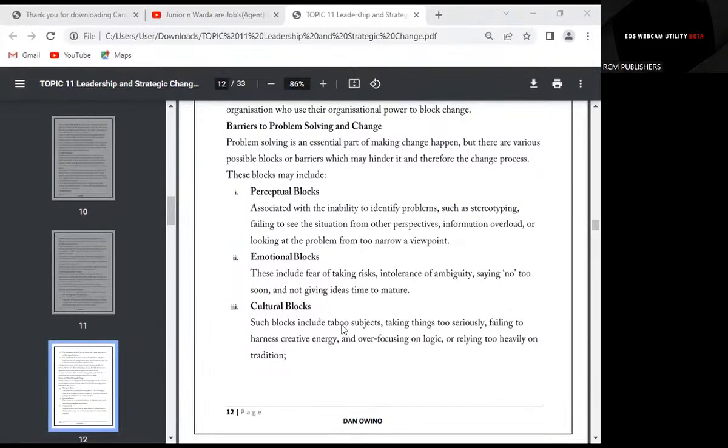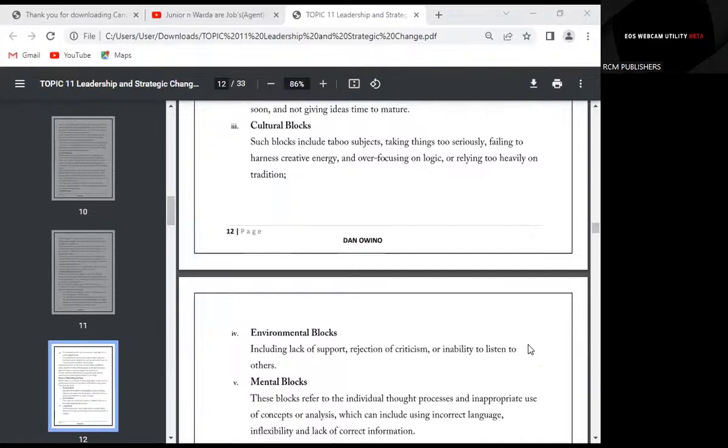Such blocks include taboo subjects, taking things too seriously, failing to harness creative energy, and over-focusing on logic or relying too heavily on tradition. Next, we have environmental blocks, including lack of support, rejection of criticism, or inability to listen to others.